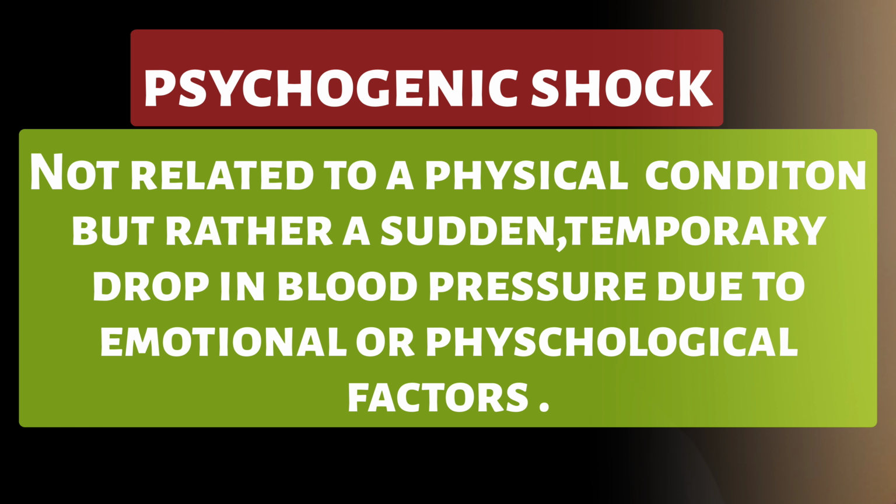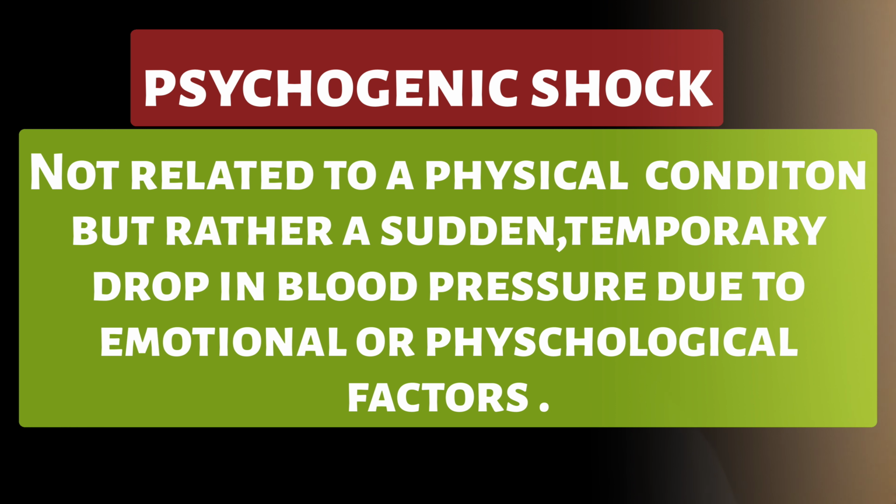For instance, if you experience intense fear, intense pain, or you hear some news, this can cause a temporary drop in blood pressure and heart rate. Unlike other forms of shock, a psychogenic shock is not caused by a significant loss of blood or fluid. Okay, so psychogenic shock occurs typically in response to a trigger such as extreme emotional distress, fear, pain, or seeing something disturbing.